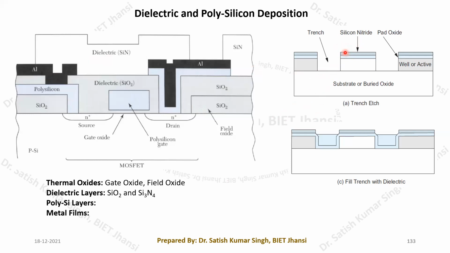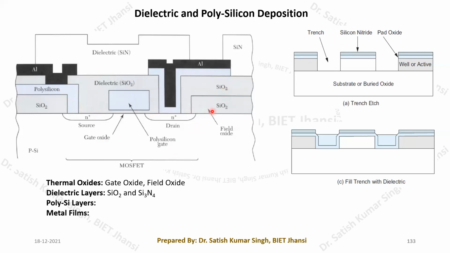So somewhere we are using silicon nitride, sometimes silicon dioxide, polysilicon, and aluminum. All these different layers have different functionalities. We have to understand what the functionality of these layers is and how we actually deposit them.